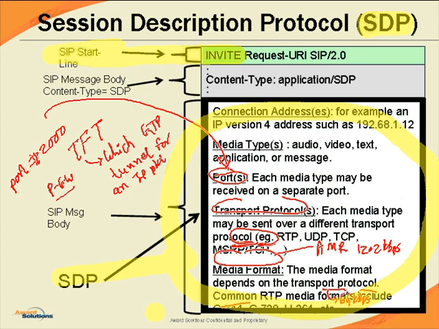So as part of the call setup, the proxy call session control function, which acts as application function, will extract SDP and then it will work with the PCRF to provide quality of service.